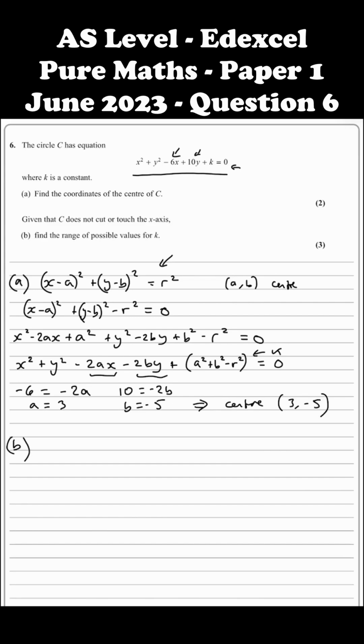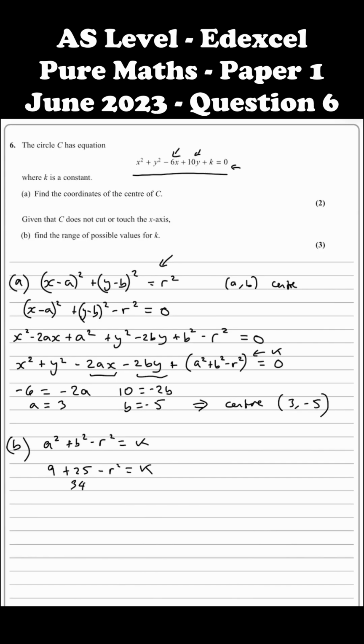Given that C does not cut or touch the x-axis, find the range of possible values for k. Well, I've already said k is a squared plus b squared minus r squared, so a squared plus b squared minus r squared equals k. So we know a is 3, so that's 9. We know b is minus 5, so that's 25. Minus r squared equals k.